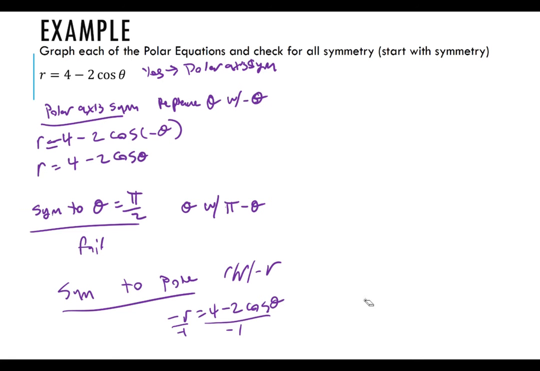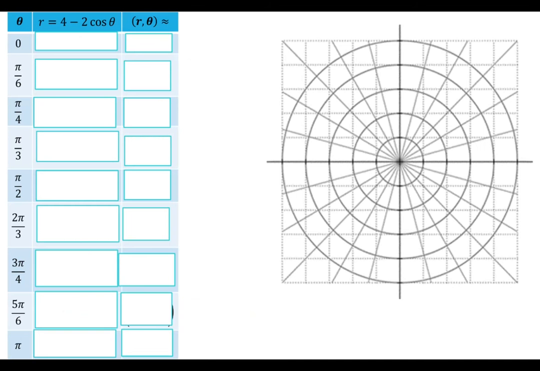And so the test fails. Now, we do know that at this point we do have polar axis symmetry, which means that having polar axis symmetry we can just deal with between 0 and pi because that's the top half of our circle, and so we're going to do that again.